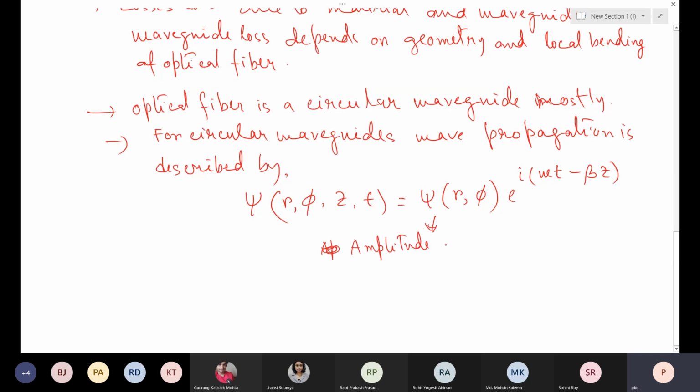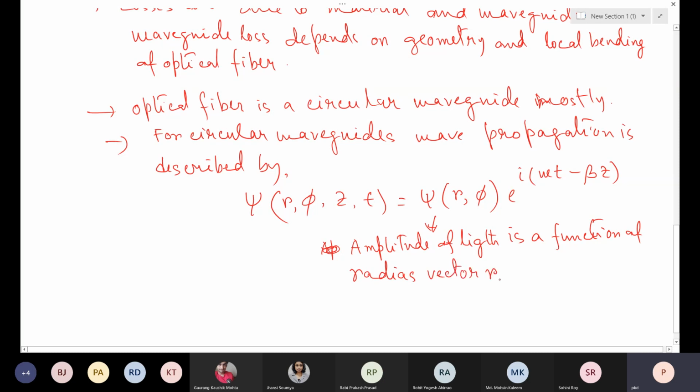Amplitude of light is a function of radius vector r and angle phi.